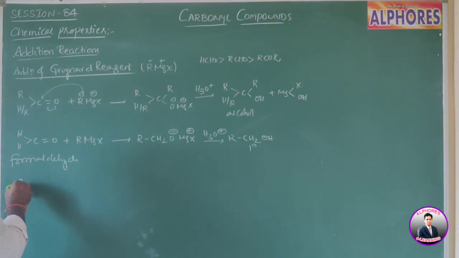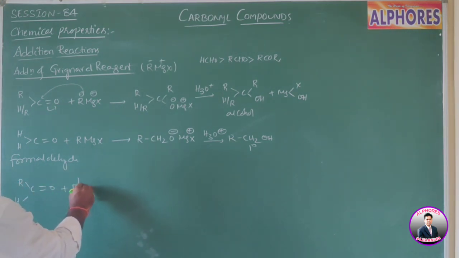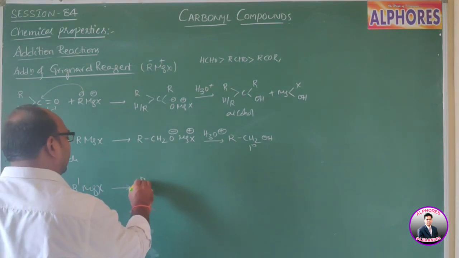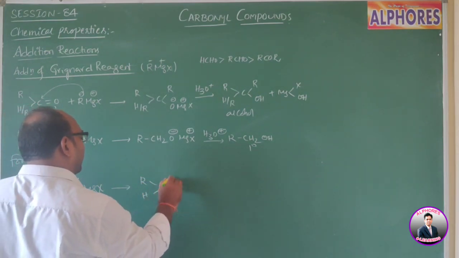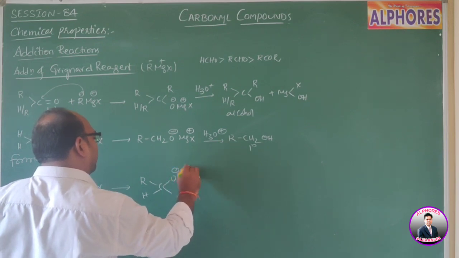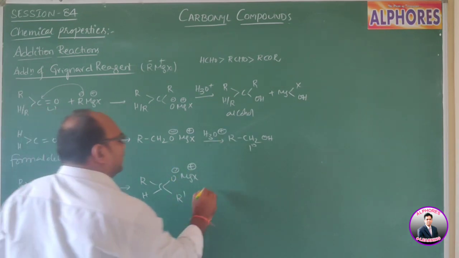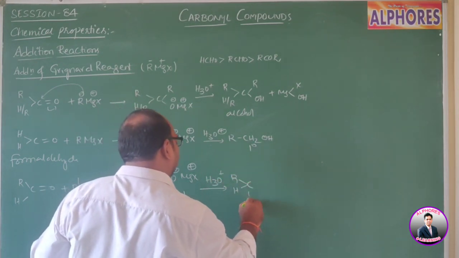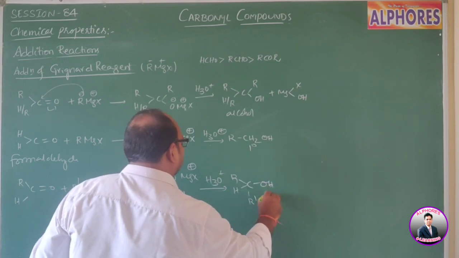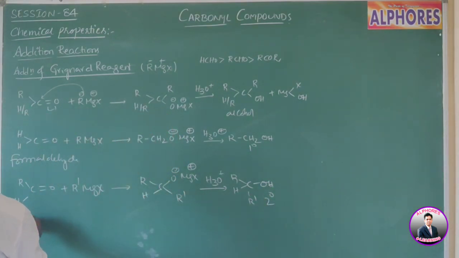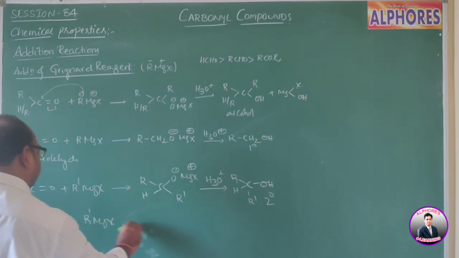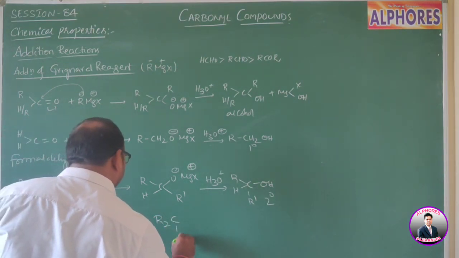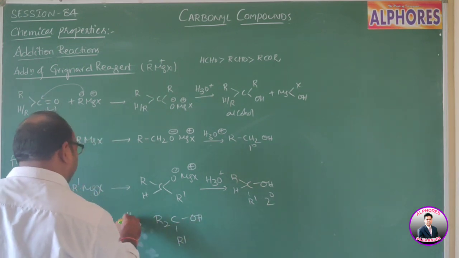Except formaldehyde, any other aldehyde, say RCHO, upon reaction with R'MgX gives RCH(R')O-MgX+. Upon hydrolysis we get RCH(R')OH, a secondary alcohol. And if we consider ketones, upon reaction with Grignard reagent we get R2C(R')OH, a tertiary alcohol.